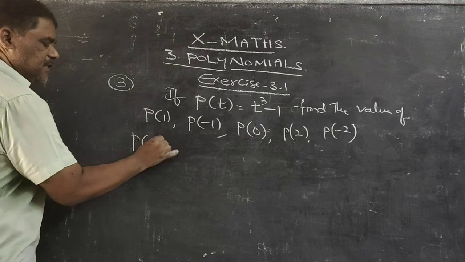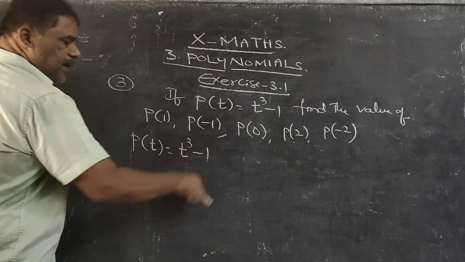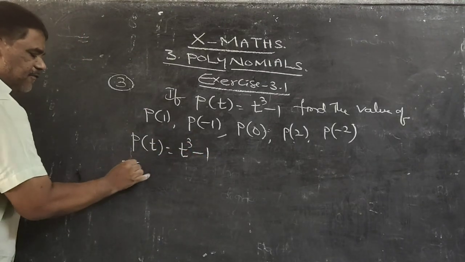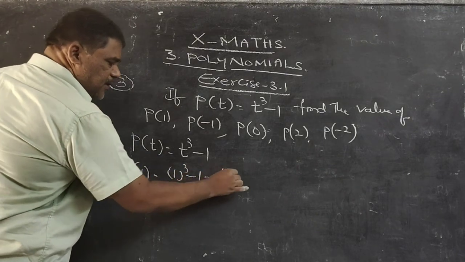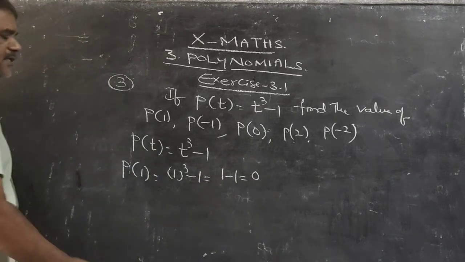Here this polynomial P of t is given as t cube minus 1. P of 1 means in place of t you have to substitute 1. 1 cube minus 1, that is 1 minus 1, is 0.